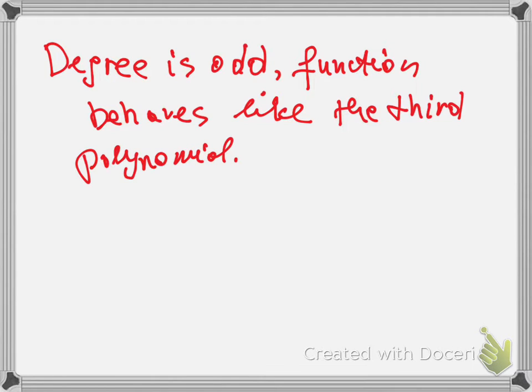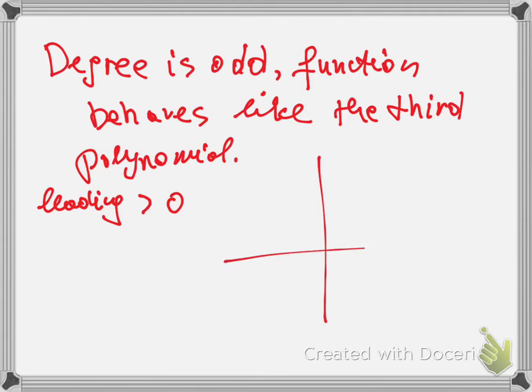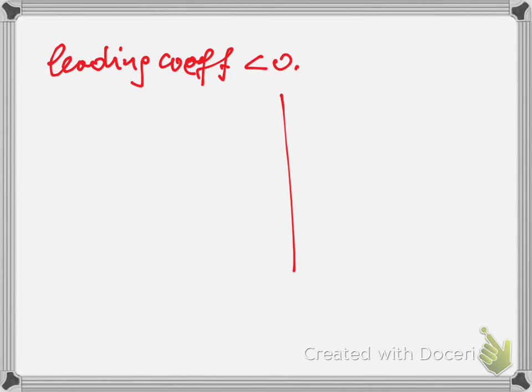So if the leading coefficient is positive, the function is going to be like the function y equals x to the third, something like this. And when the leading coefficient is negative, the function is going to behave like negative x to the third.